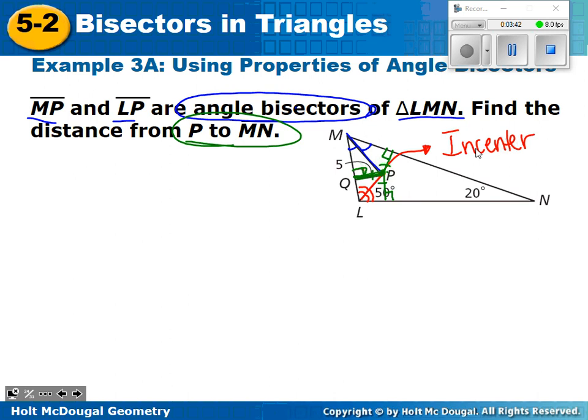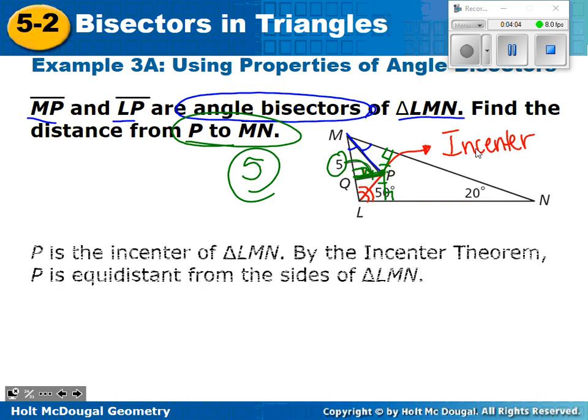What should that have been the same as? QP. And what was QP according to the picture? 5. Because QP was 5, so was P to that side. So our answer on our paper was 5. Does everybody really understand that? Okay, now let's look at the next one.